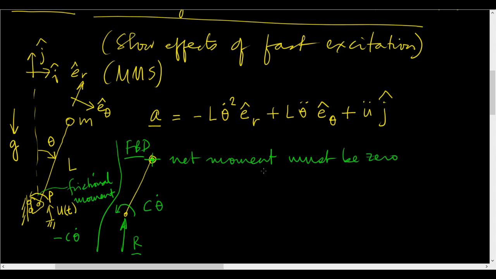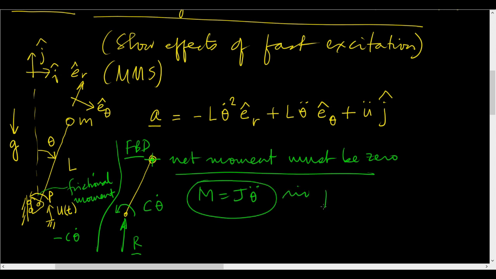Why? Because moment is J theta double dot in planar dynamics, and about the center of mass, J is 0.